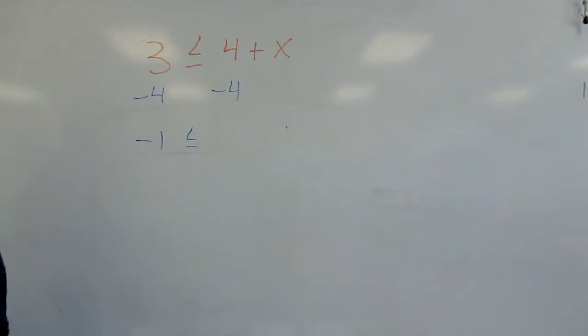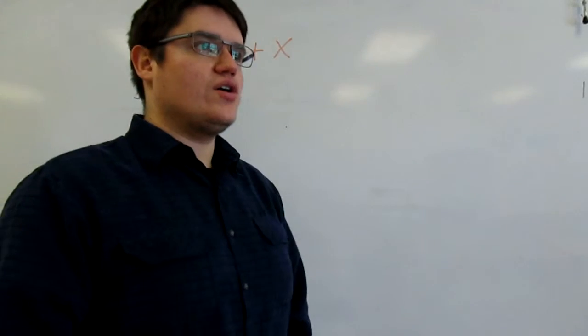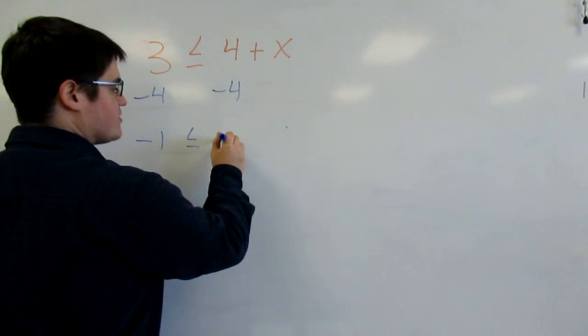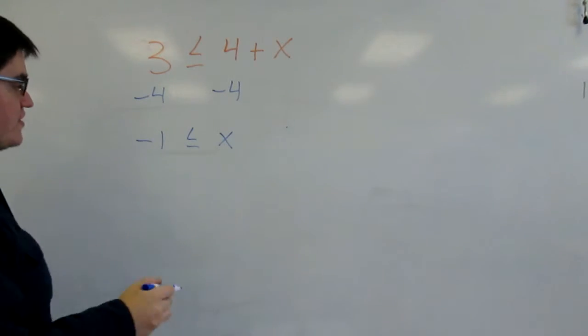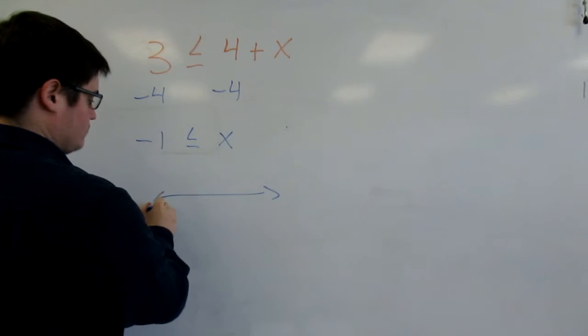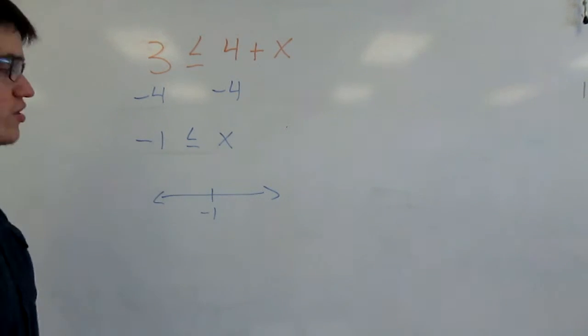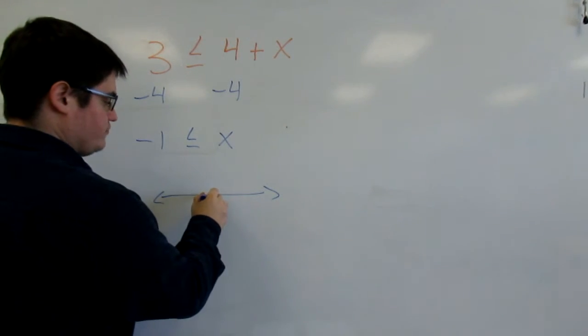And remember, when we subtracted numbers, our inequality was true, so we don't have to worry about the sign. And then we just have X. Now let's graph this out. Here's negative 1. It's a shaded closed circle because of the equal to sign.